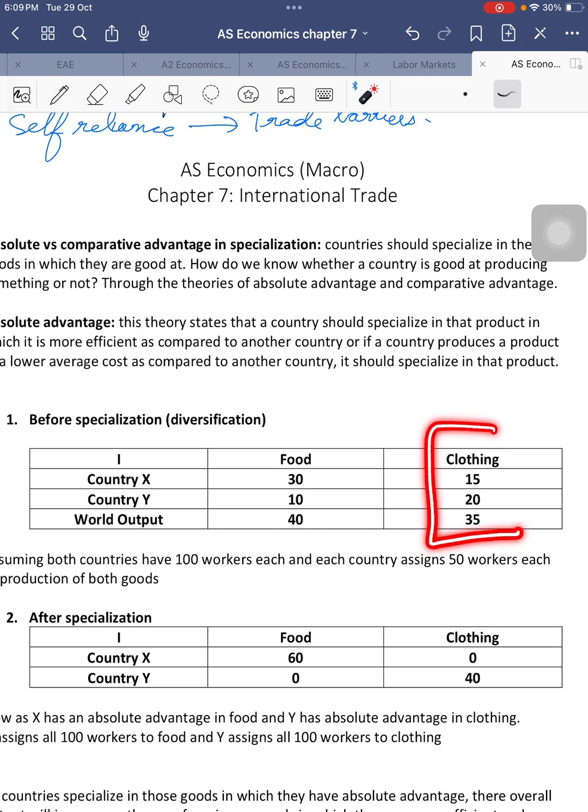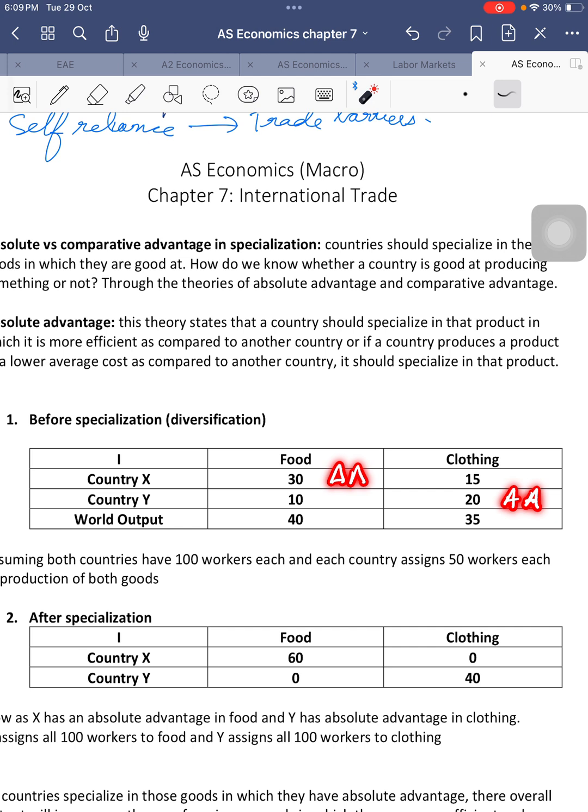As we analyze the production of clothing, country Y has an absolute advantage because with the same resources, country Y is able to produce 20 clothing while country X is only able to produce 15 clothing. Therefore, absolute advantage in clothing lies with country Y, and absolute advantage in food lies with country X.